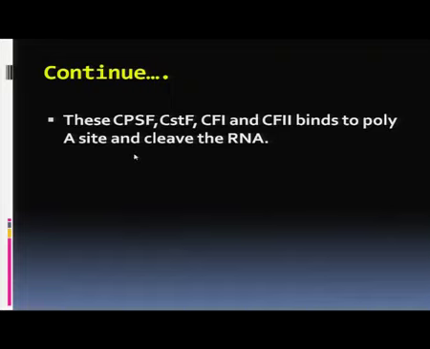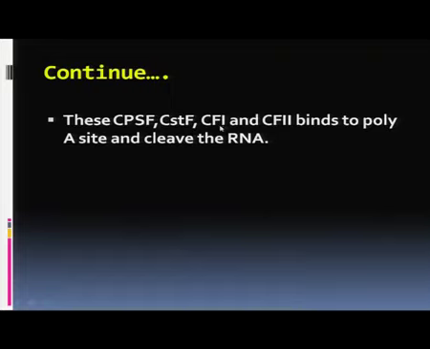These CPSF and CSTF, along with cleavage factor 1 and 2, bind to the poly A site and cleave the RNA. So, you can see in the diagram, this is the transcription process, and this is the RNA which has already been synthesized.